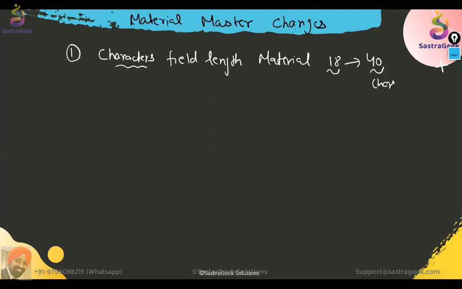In ECC, you can create a material where the length of the material can be only 18 characters. In S4 HANA, you would be able to create your material with a length of 40 characters.